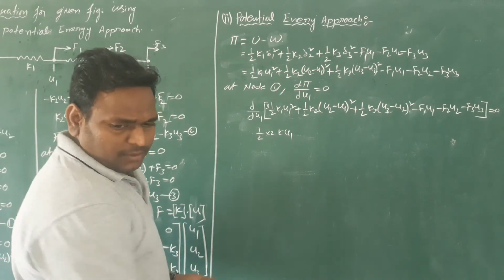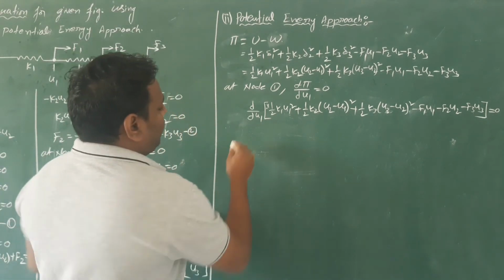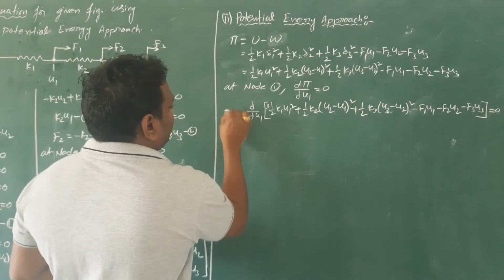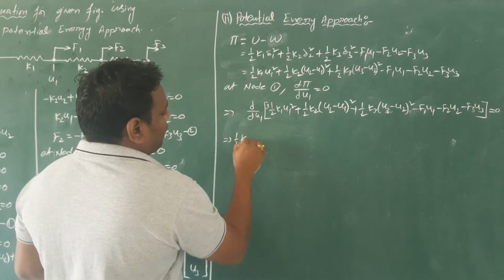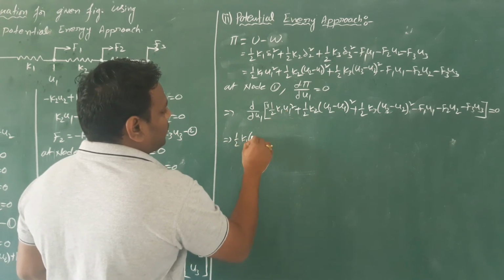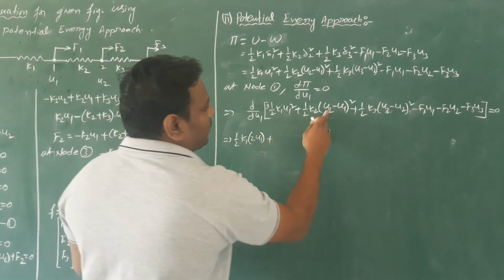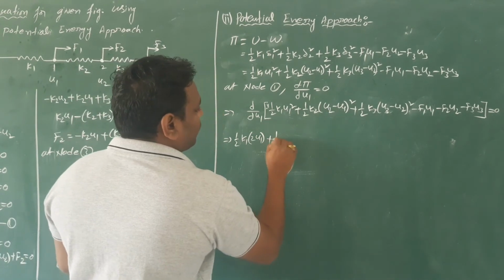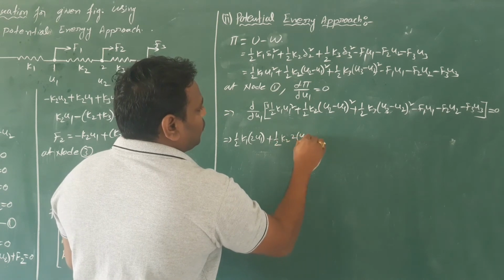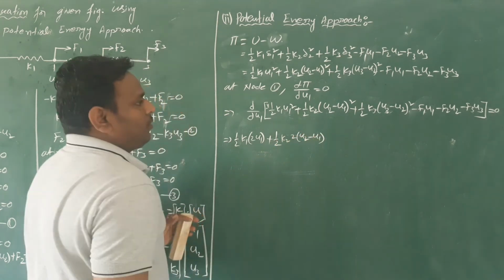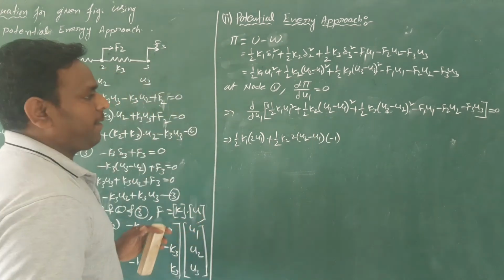Okay, next, plus 1/2 into K2 into 2 into (U2 minus U1). U1 differentiation is also minus 1.